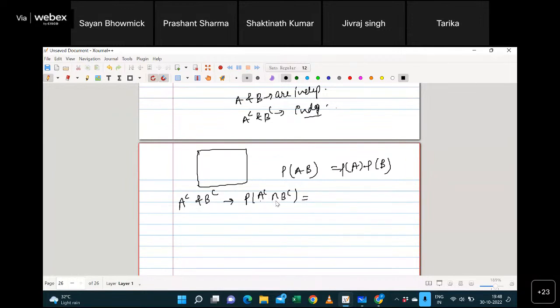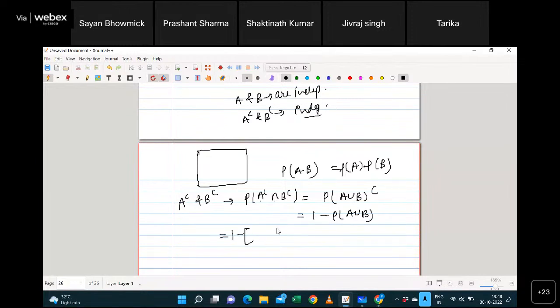So A complement intersection B complement, I can write probability of A union B whole complement, or not? Yes, sir. And that is 1 minus probability of A union B, correct?